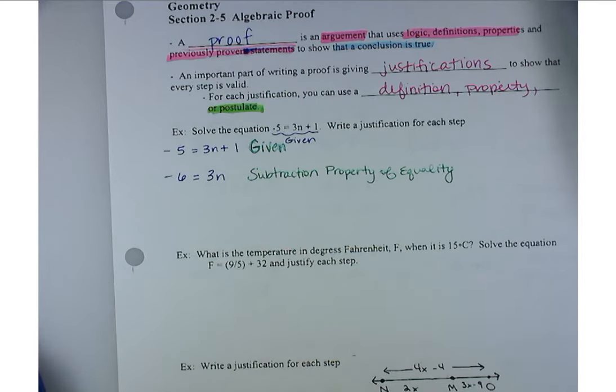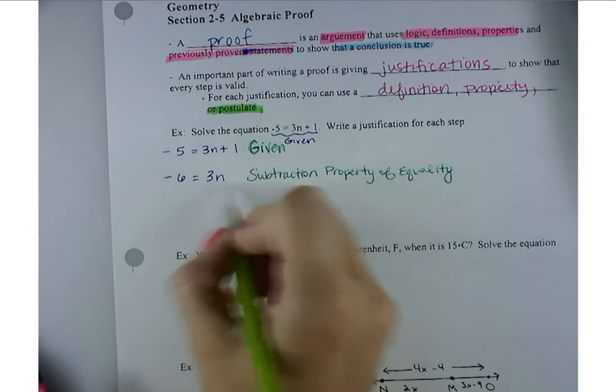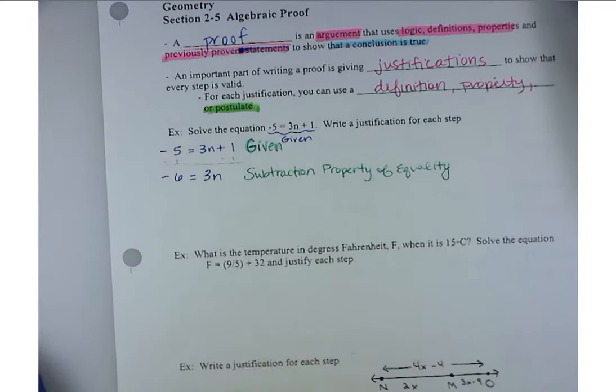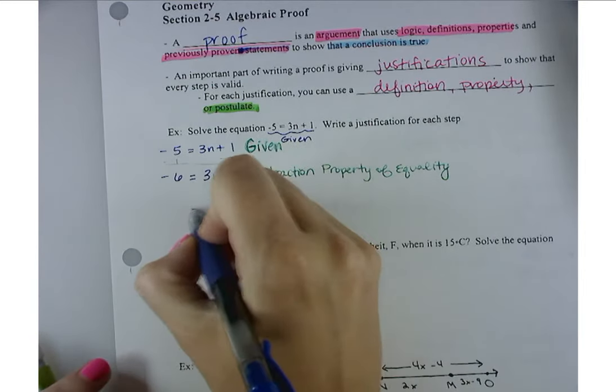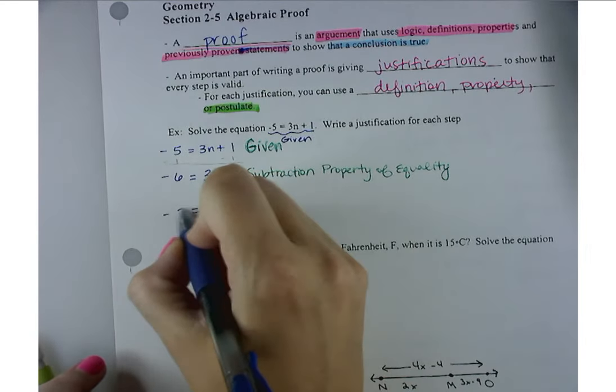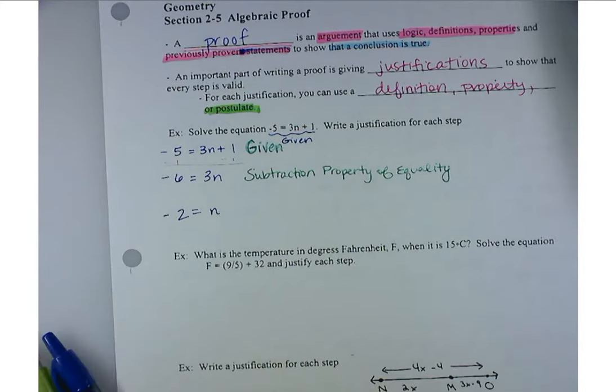Okay, and if you want to put the actual steps in between there, that's perfectly fine. When you see it in a proof, it will look like this. You won't see that part of the work, but that is how we got there. Okay, and then Brandon, what will we do next? We'll divide by 3. So we're going to divide each side by 3. Then I'll have n on this side. If I divide 6 by 3, what do I get? Negative 2. And then what did we use to get there?